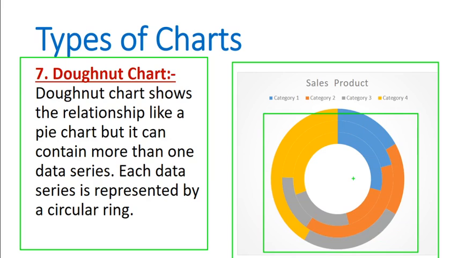Can you see there? Circular rings, 4 rings are there, right? 1 ring, 2 ring, 3 ring, and 4 ring. So this is the Doughnut chart.